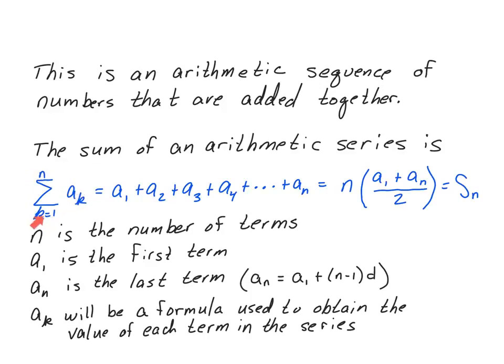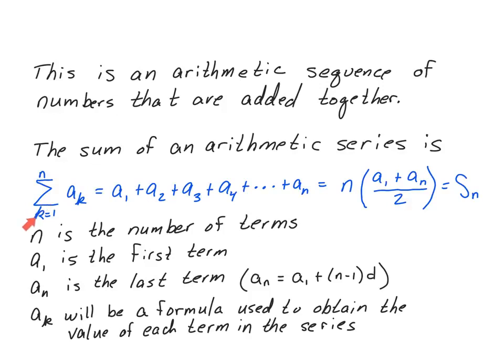Now, this notation has some different parts to it. First thing is this letter here is the Greek letter sigma, and in math, sigma always means sum. You can think sigma starts with an S, and it is S in the Greek alphabet, and that S represents a sum.